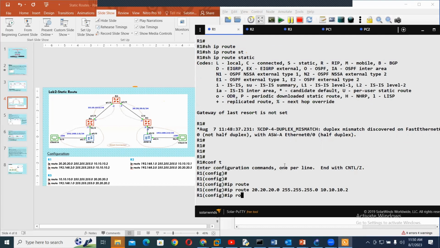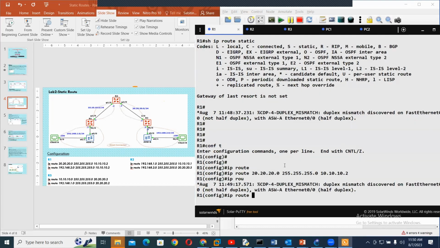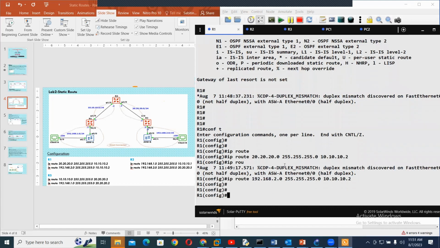IP route 192.168.2.0 255.255.255.0, 10.10.10.2 is our next hop.